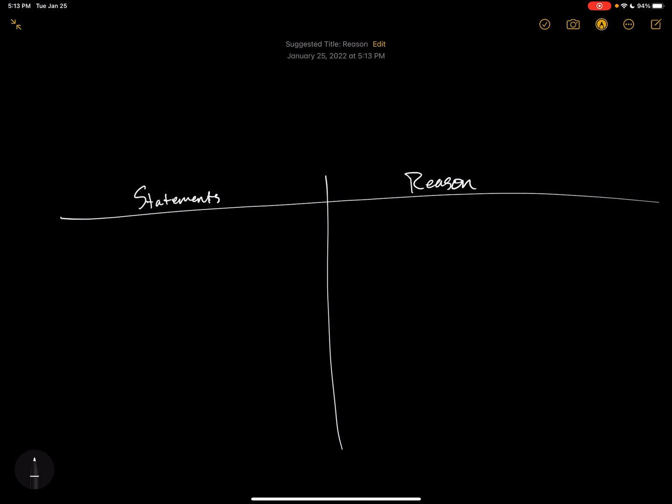Now, it's also important for us to state what we're given and what we're trying to prove. So the thing that we're given is we have line L, which is the perpendicular bisector of segment AB.